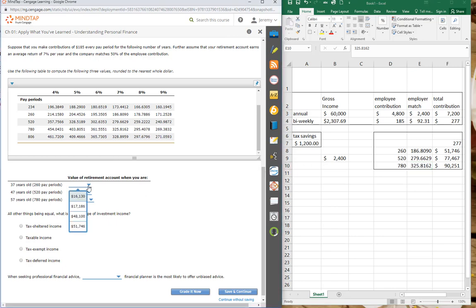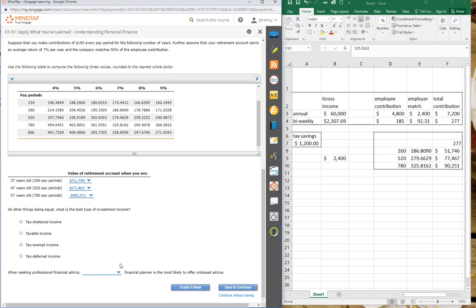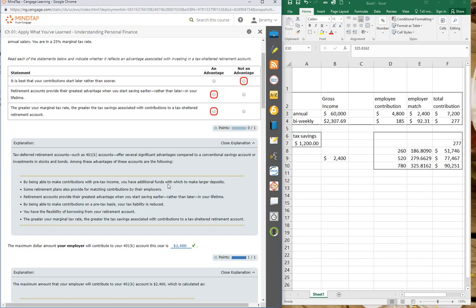Now let's see if we have the right answers. So 51,746, that one matches up. 77,467, yep. And then the last one should be 90,251. I see it there. I'm not going to answer the other questions. You can look those up in the book, but let's see how we did on the calculations themselves.